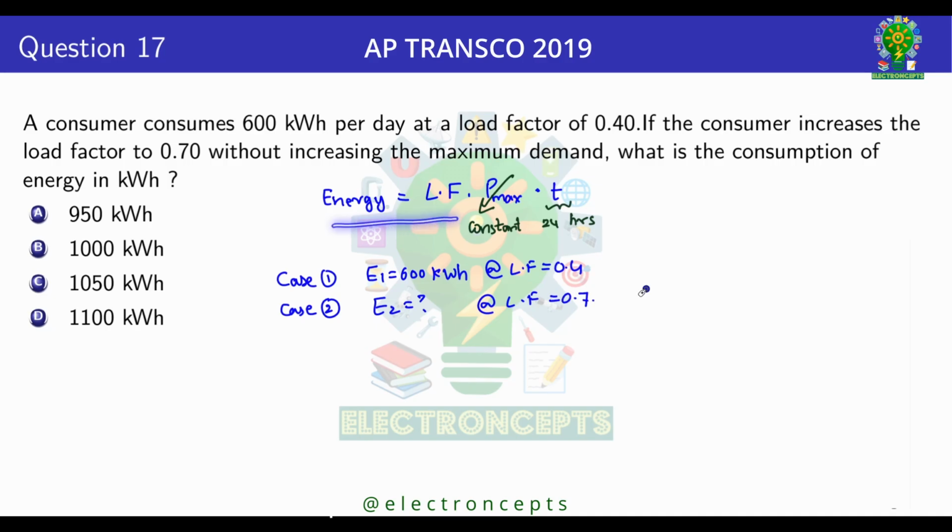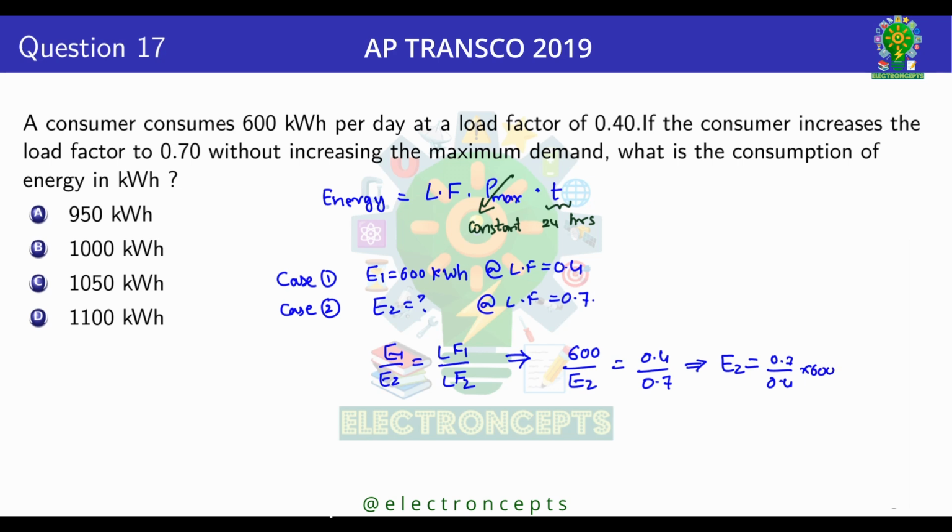From this relation, E1 by E2 is equal to LF1 by LF2, which can be further calculated as 600 by E2 is equal to 0.4 by 0.7. From this, E2 is equal to 0.7 by 0.4 into 600, which is equal to 1050 kilowatt hour. Therefore, option C is correct.